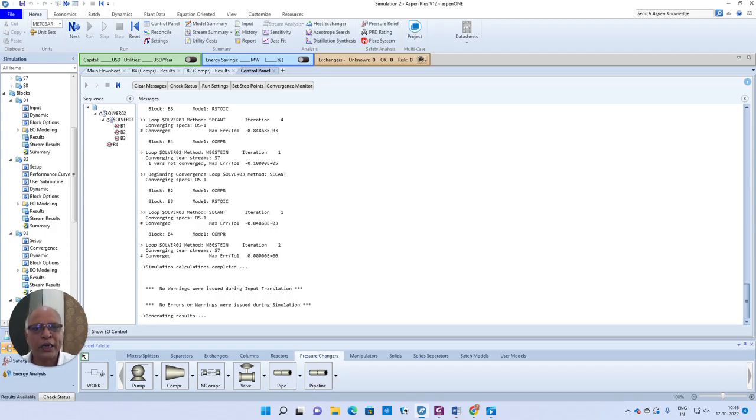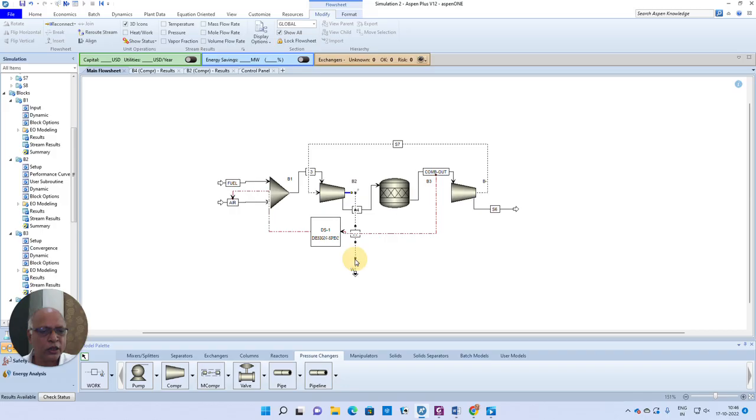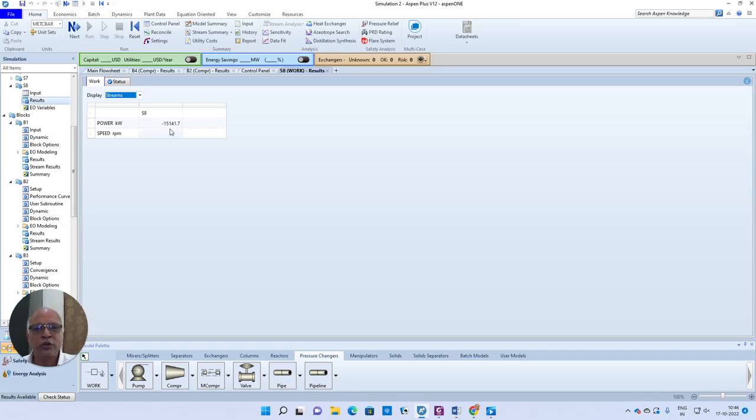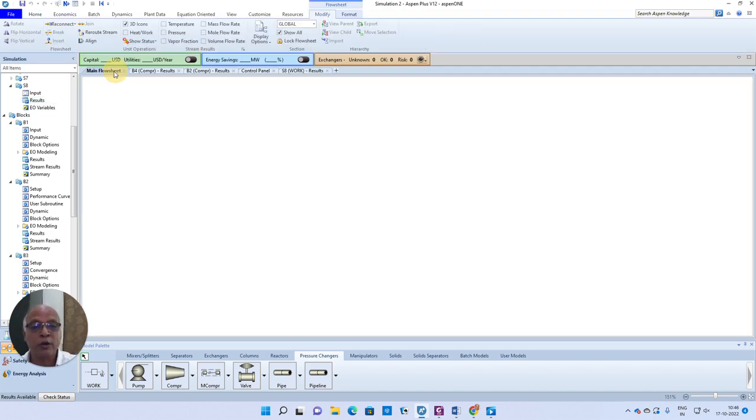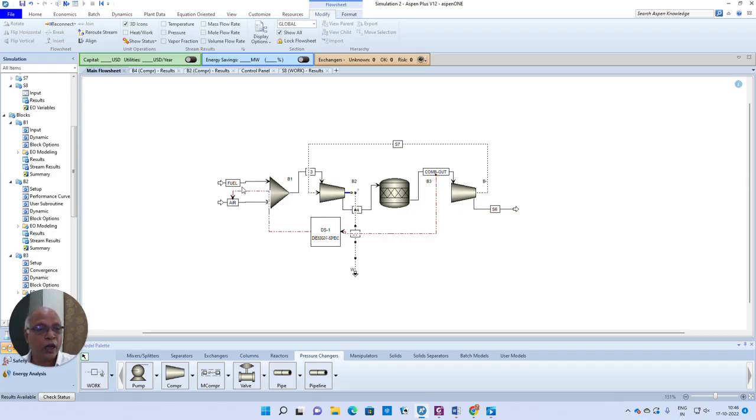There is not much change, but from the flow sheet, if you click on this work, it will tell you the difference between 19,000 something minus 19,000 plus about 3,900. So this is the net amount of work that you are able to generate in this process by burning the fuel.